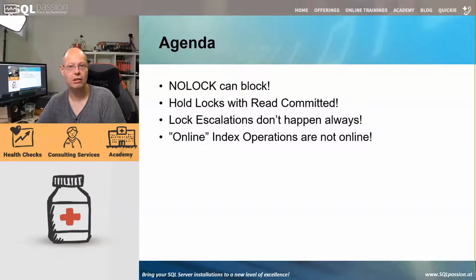But in reality, online operations are not really online because they can also block in SQL Server. When you're rebuilding your clustered or non-clustered indexes, it's quite easy to get into blocking situations. So online operations in the Enterprise Edition are not really online because they can also block quite easily.